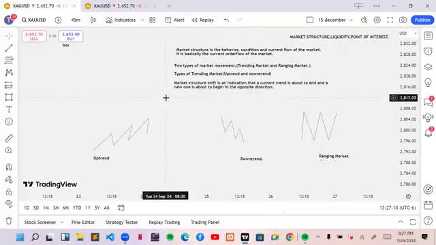In market structure shifts, it will change trend to the opposite direction. But in a break of structure, it will break a significant zone in the market, be it a high, a support zone, or a resistance zone, but it's still going to remain in the same trend it was on before. So let me write it down.